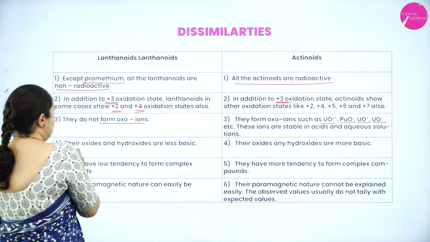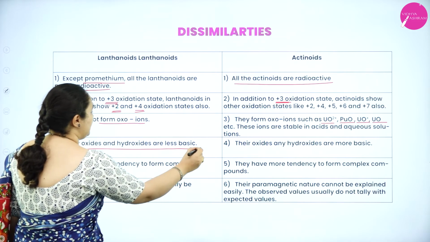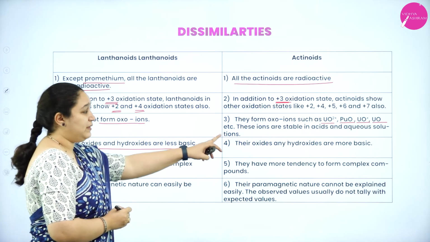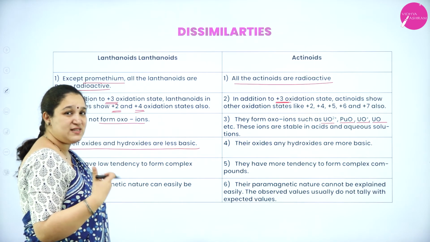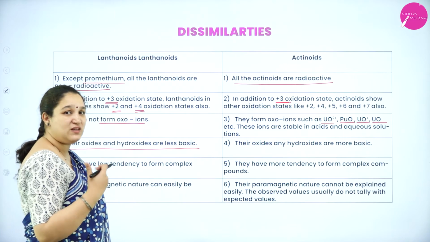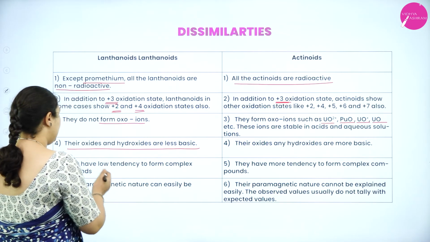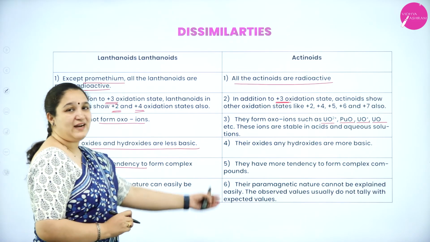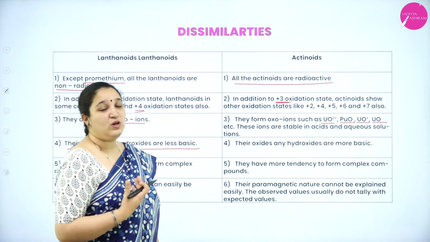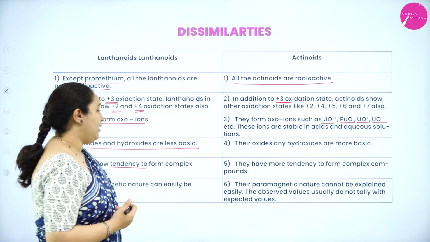The fourth dissimilarity is that lanthanoid oxides and hydroxides are less basic, but actinoid oxides and hydroxides are more basic than lanthanoid oxides and hydroxides. Lanthanoids have a low tendency to form complex compounds. Actinoids form complex compounds quite easily. Okay.